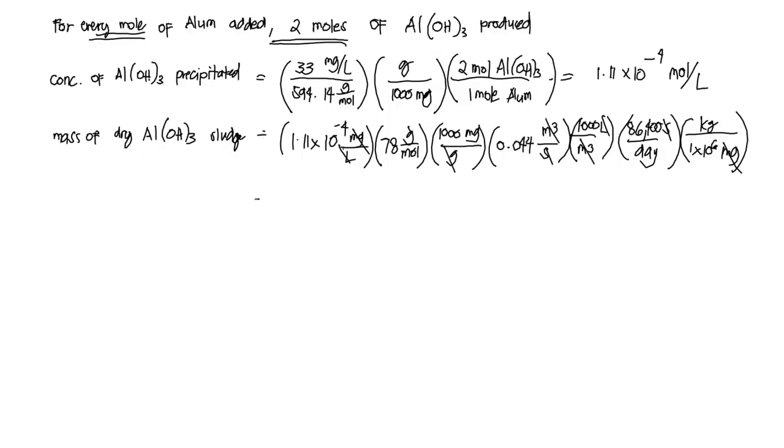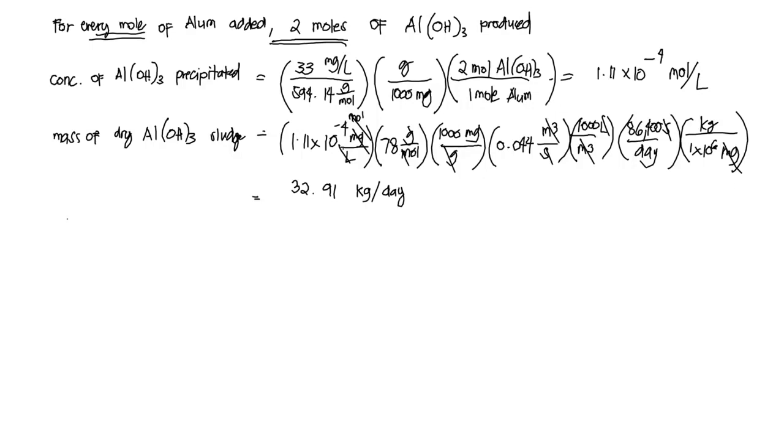This is equal to 32.91 kilograms per day. Note this is not milligrams, this is moles per liter, so cancel it. So the mass of dry aluminum hydroxide is 32.91 kilograms per day.